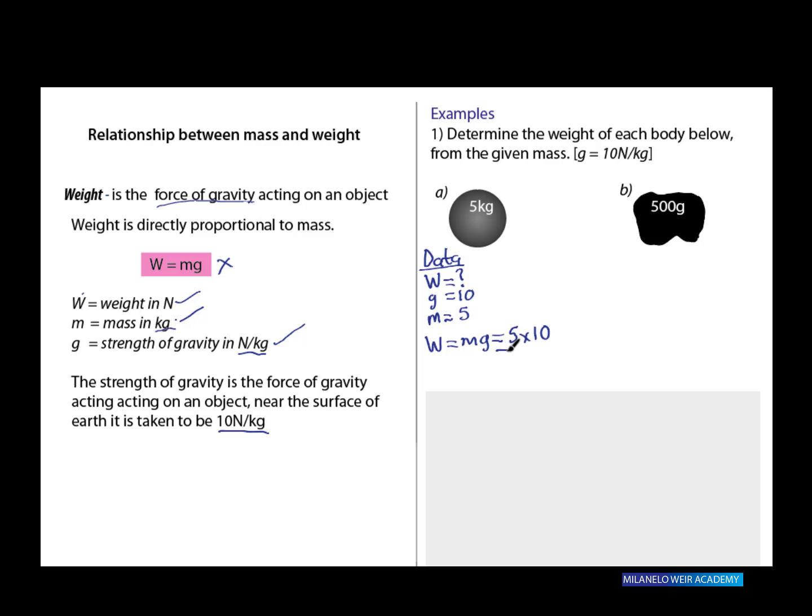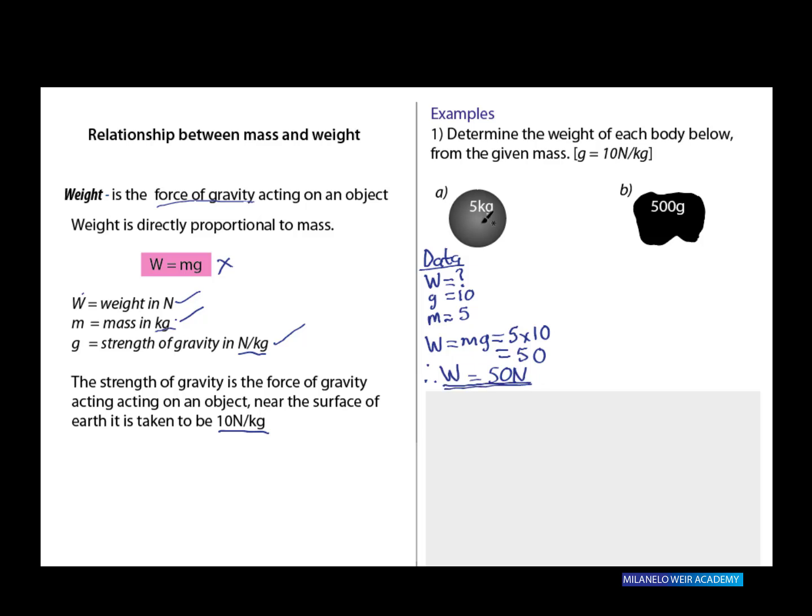And what do we get? 50, right? Therefore, weight is equal to 50 newtons.